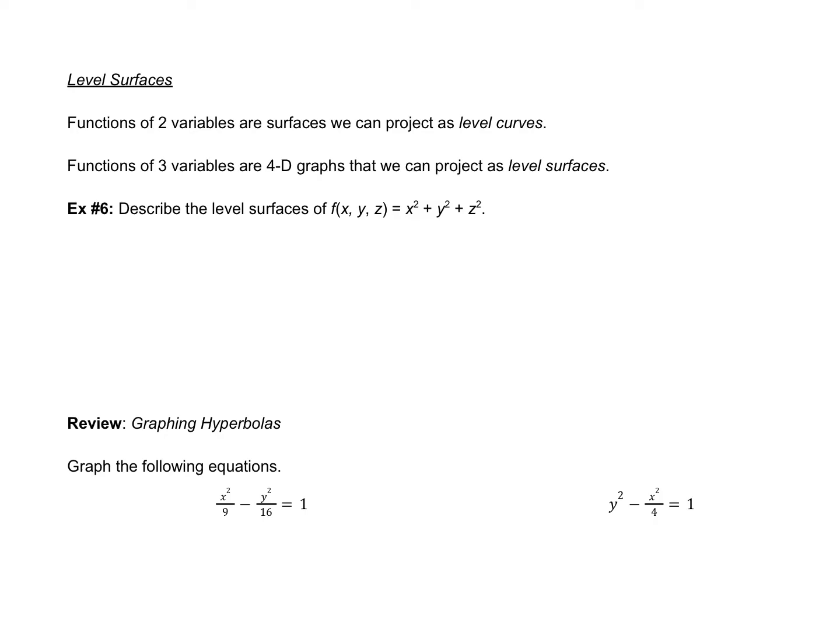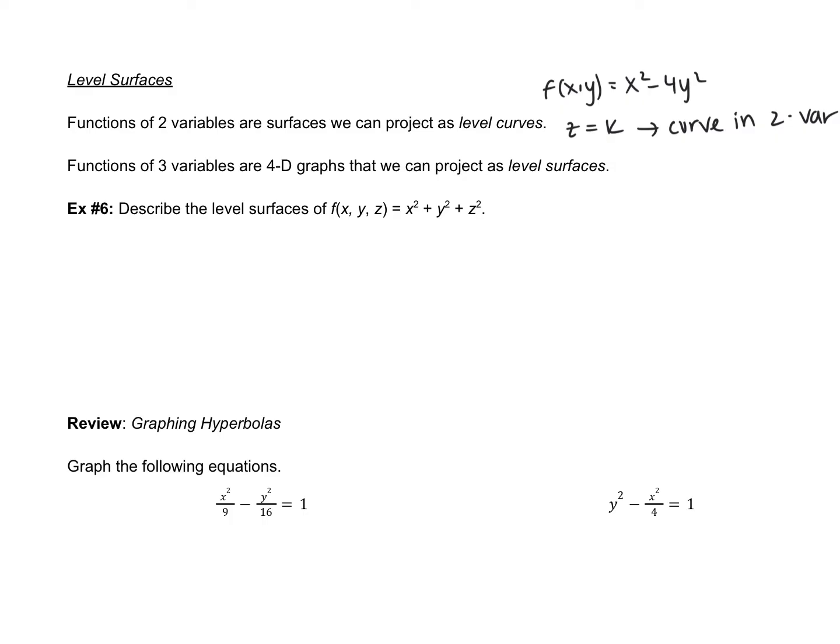Okay, so a level surface. A function of 2 variables has a surface that we project as level curves. So what that means is, in this previous example where we had f of xy is equal to x squared subtract 4y squared, when we chose a z value, whatever it was, it gave us a curve in 2 variables.